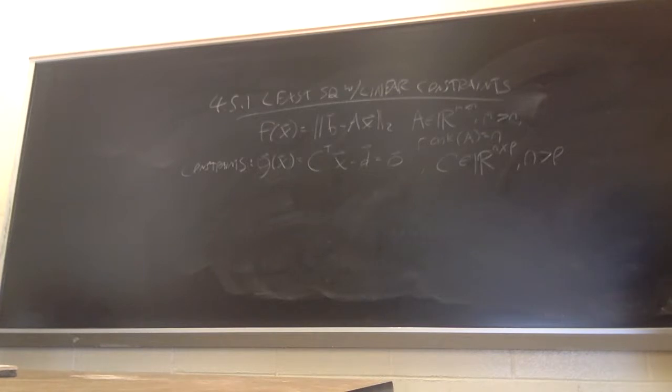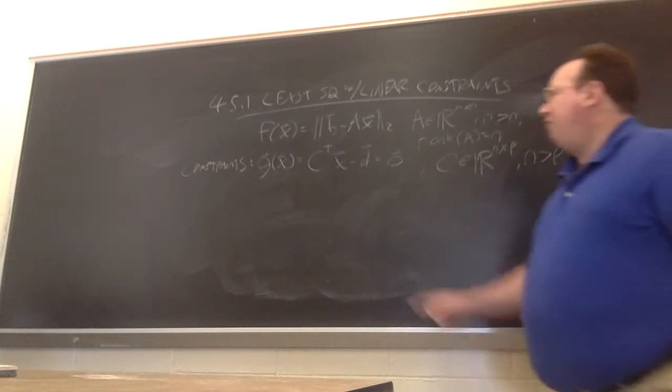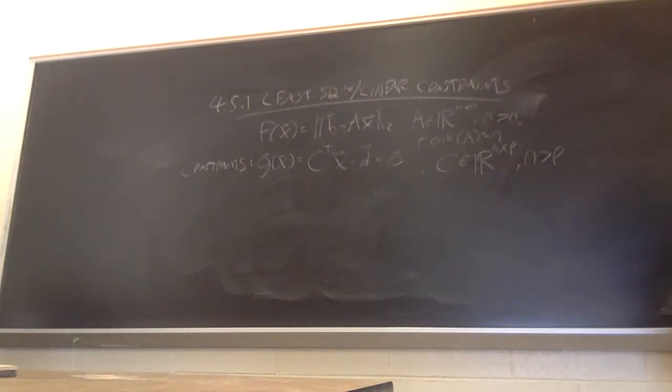If we're solving C transpose x equal to d and it was a square matrix, p equal to n rather than less than, that would have a unique solution, so the problem would be done. Not an interesting problem. We want a situation where the system is underdetermined, with infinitely many solutions, and we want to find which one of those also happens to minimize f.